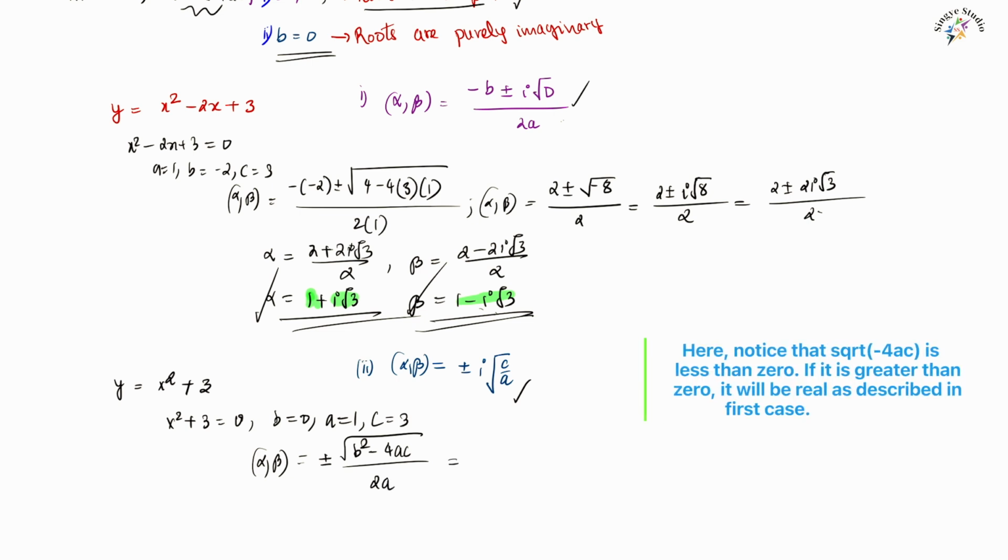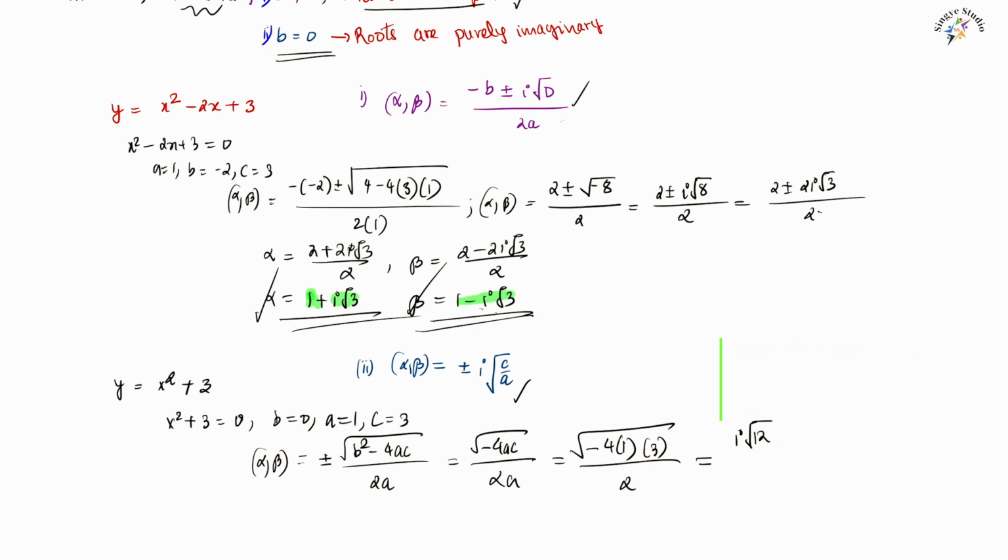So I will have negative 4ac upon 2a, right? So here a value is 1 and c value is 3, root upon 2, right? So we will have negative 12. So I can write i root of 12.